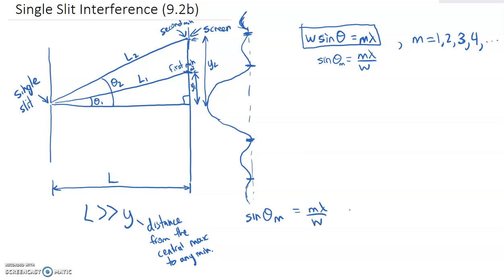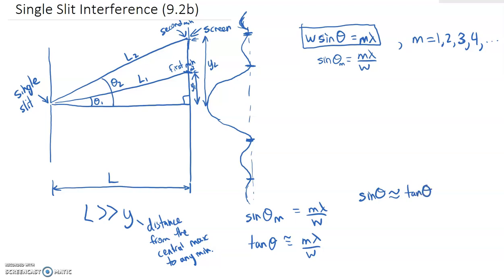Then that is going to become tan of the angle, which is going to be equal to m lambda over w. This is an approximation we're making because anytime the distance to the screen versus the distance of the pattern appearing on the screen is very different, sine theta is approximately equal to tan theta.